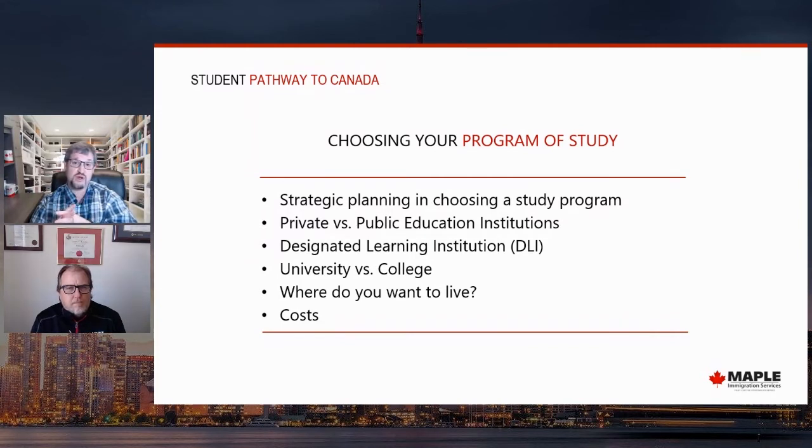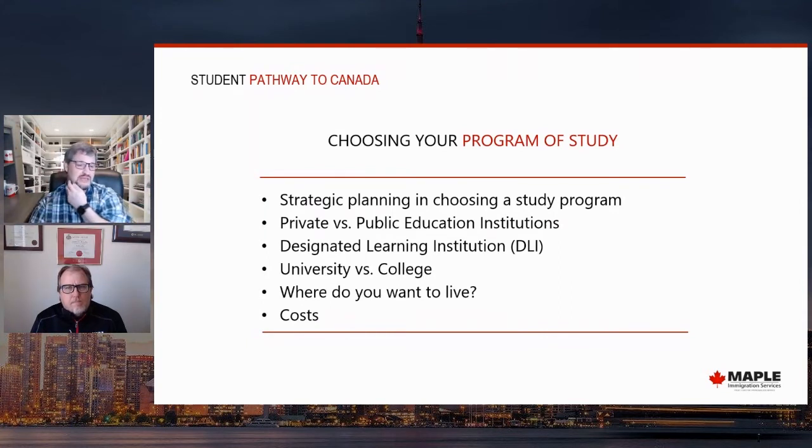These programs are very popular and they are postgraduate, which means you already have to have post-secondary education to enter into this program. So for instance, if you want to do a postgraduate certificate in global business management, you already have to have a university degree. Okay. So these are some things that you need to take into account.